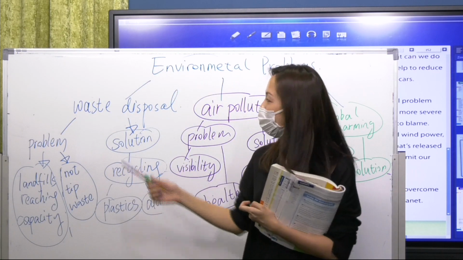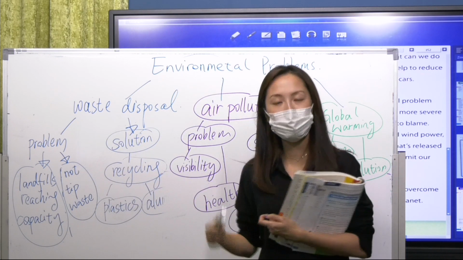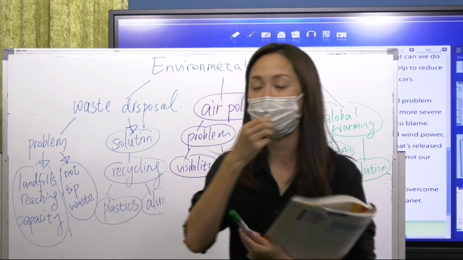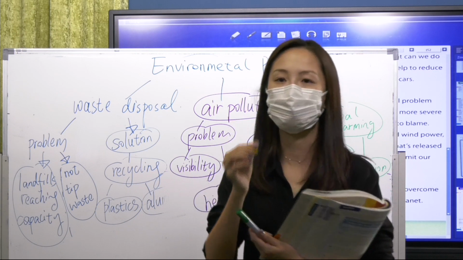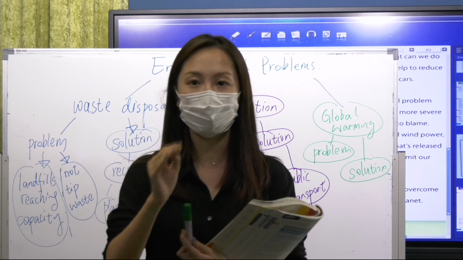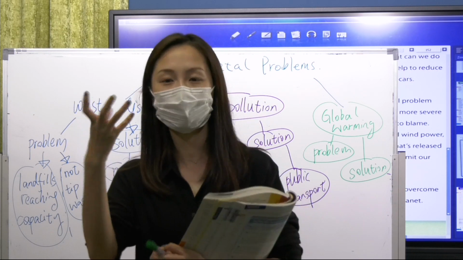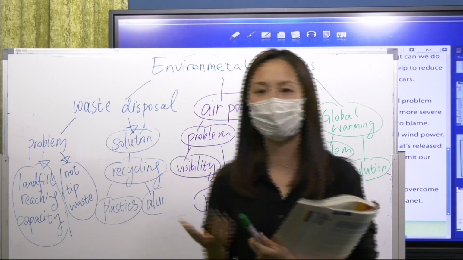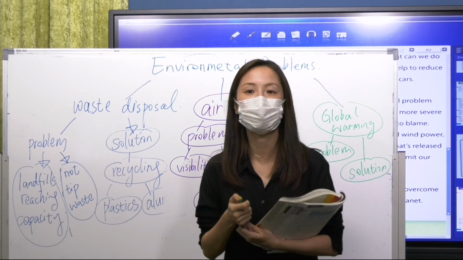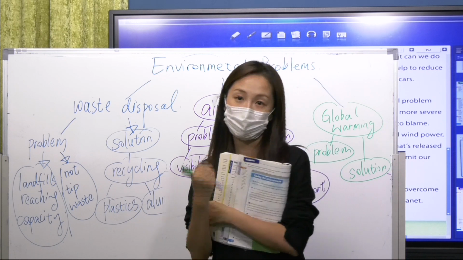And once you are talking about waste disposal, you can think of all those problems and solutions immediately. Okay, so I hope you can learn how to memorize words by grouping them into different categories. So it will help you in your writing and listening tasks. Okay, so this is for today, both listening and vocabulary.